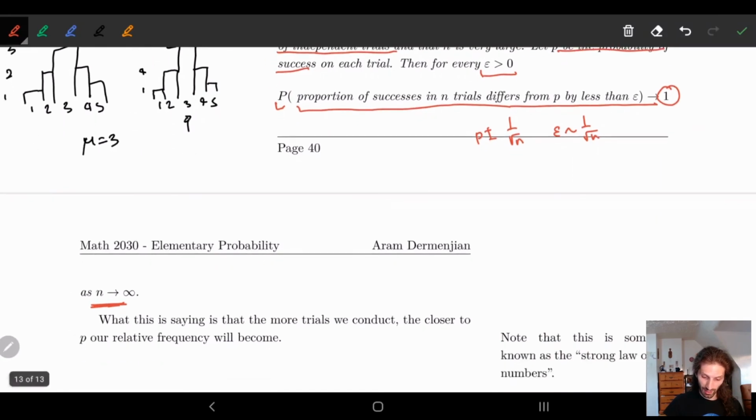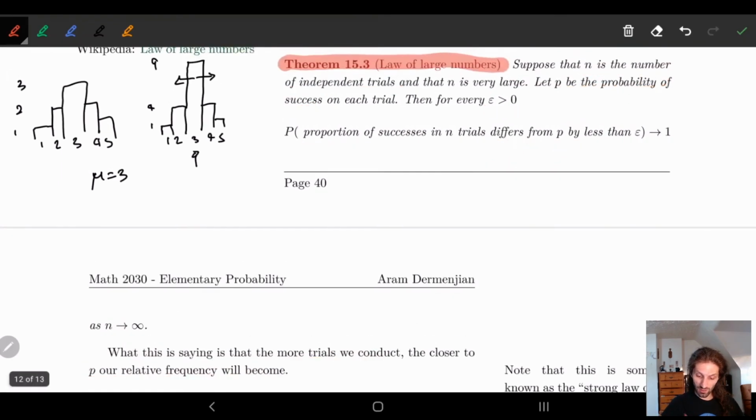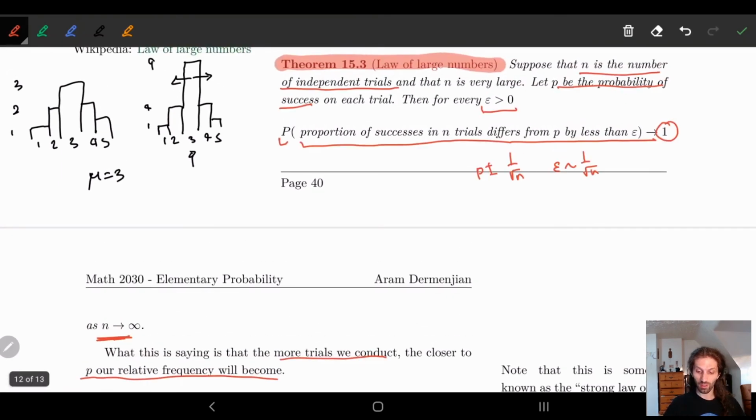What this is basically saying is that the more trials we conduct, the closer to p our relative frequency will become. So in other words, the more we test something randomly, when we don't actually know the probability, the probability that we see is going to get closer and closer to the actual probability.